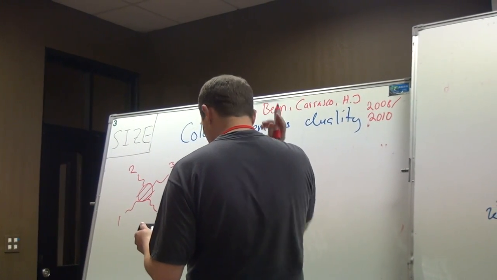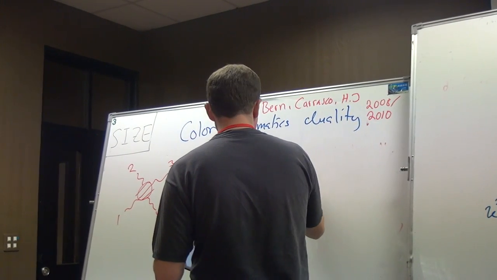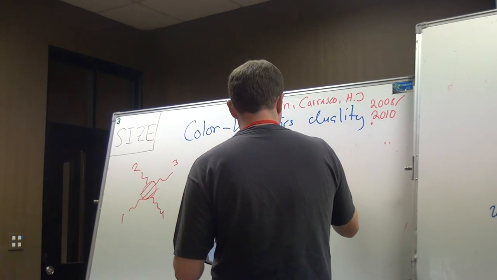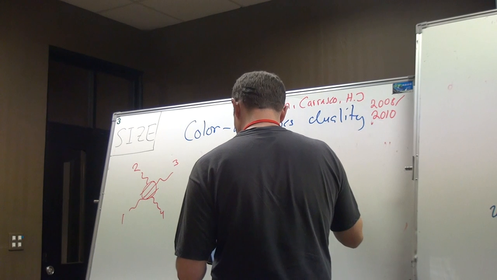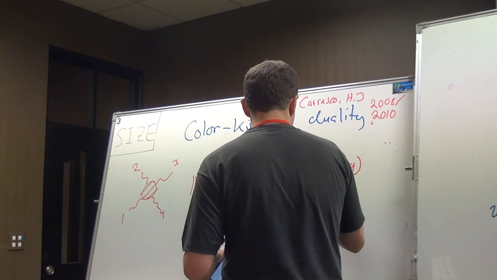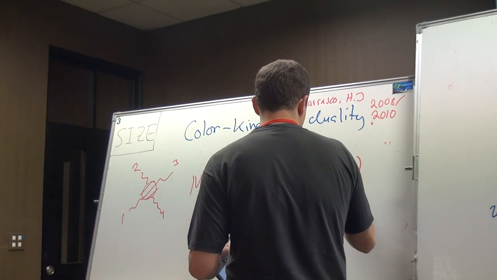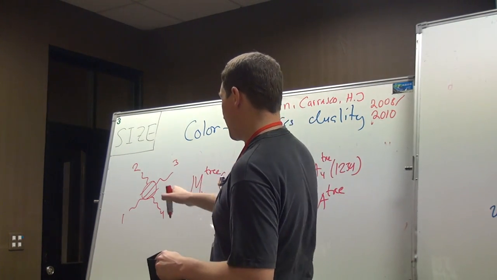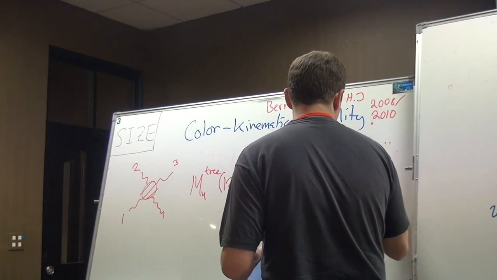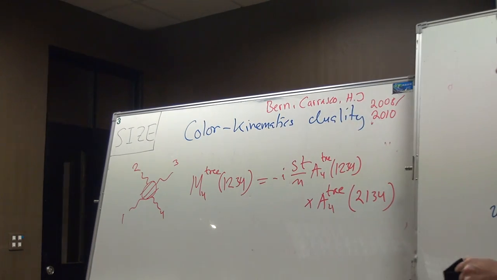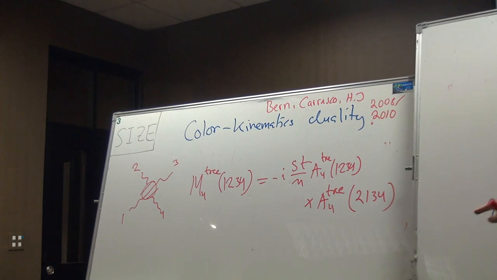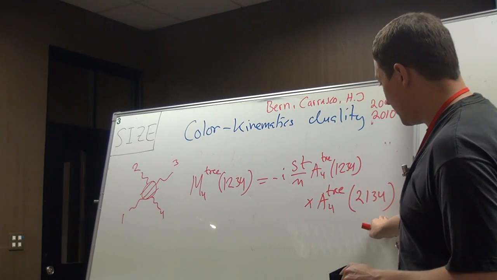So this amplitude is known to factorize in this form. The A's are Yang-Mills amplitudes, and the M is a gravity amplitude. So again, the gravity amplitude factorizes into 2 Yang-Mills amplitudes. And in this case, this is a color ordered amplitude.